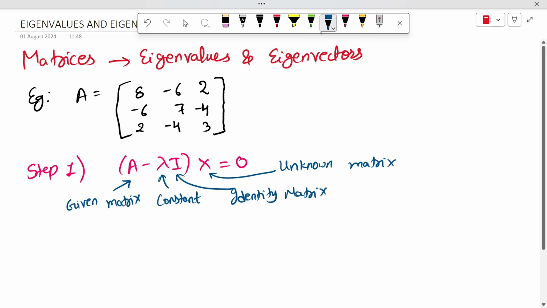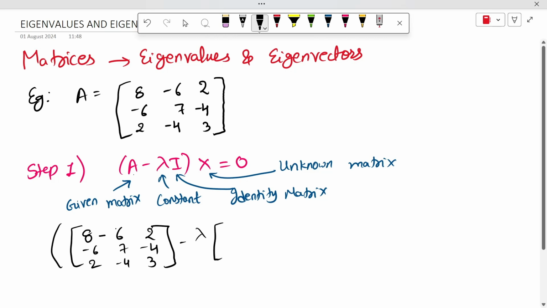So for this given example, let's find step 1. That can be written as A minus lambda I. First of all, let's write in this form: 8 minus 6 2, minus 6 7 minus 4, then 2 minus 4 3. This is A minus lambda times the identity.